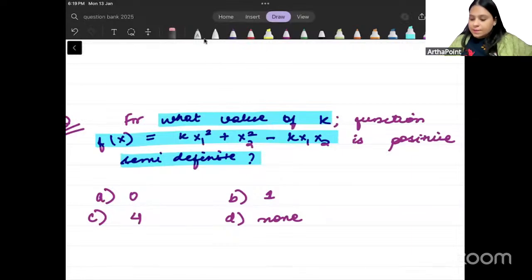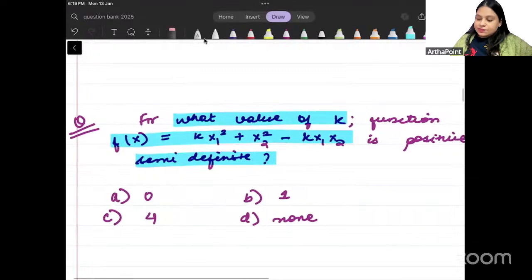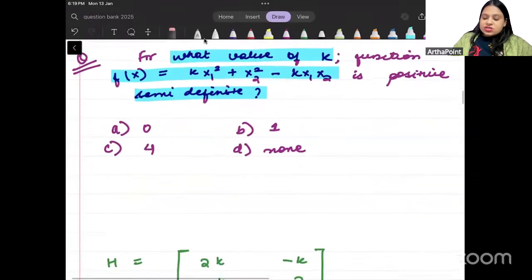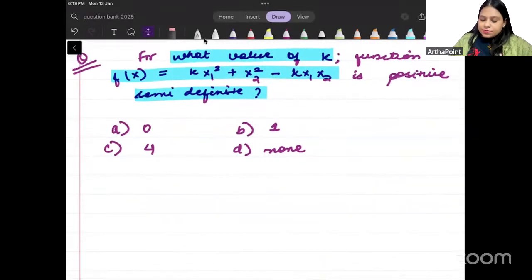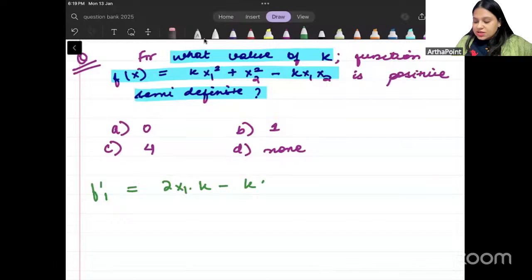A, C. Okay, let's see. For positive semi-definite, what do we want? First of all, let's find out the first order condition. So f dash 1 will be 2x1 into k minus kx2.